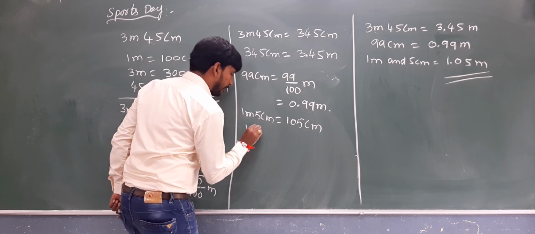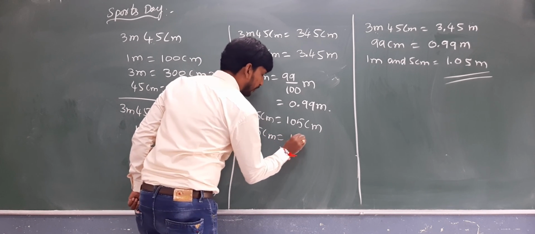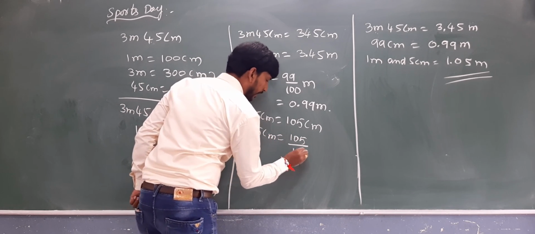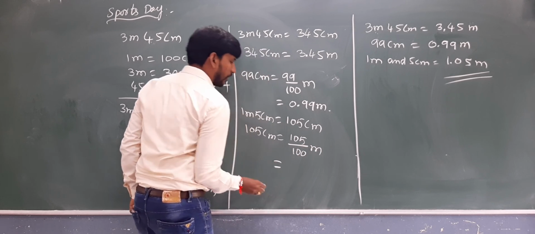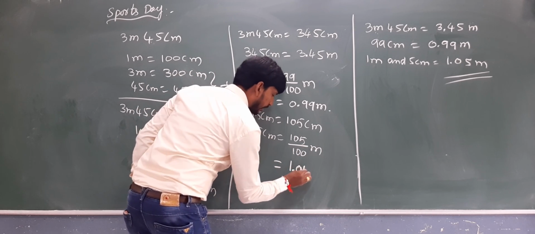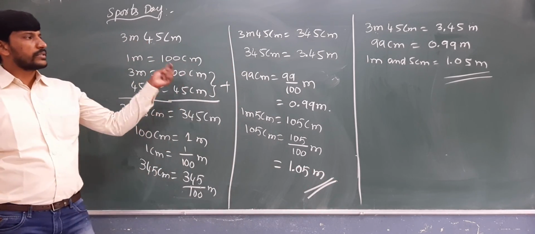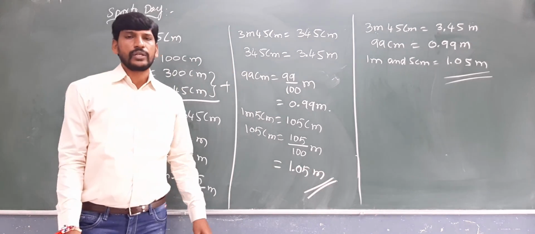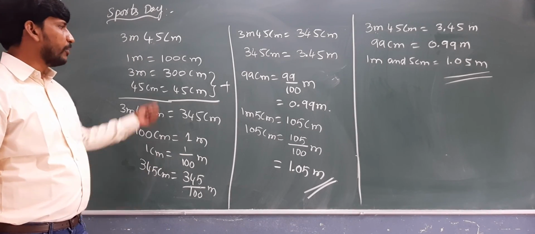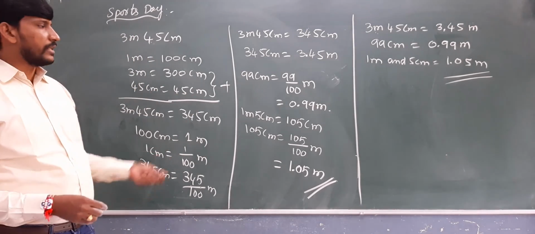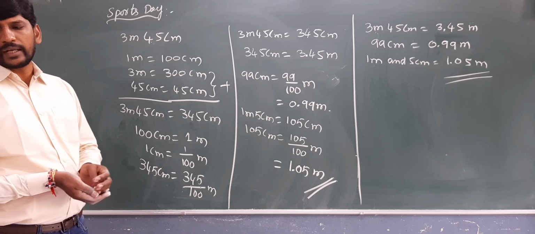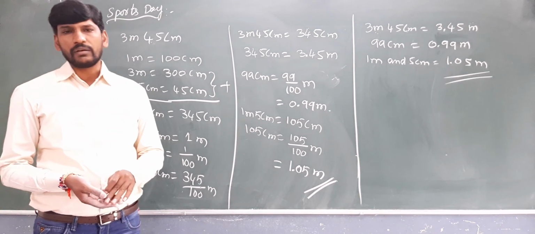Now 105 centimeters is equal to 105 divided by 100 meters, which is equal to 1.05 meters. This is the process to convert meters and centimeters into meters only. Clear? I hope you understood today's class. Complete this in your classwork and in your textbook also. Okay?